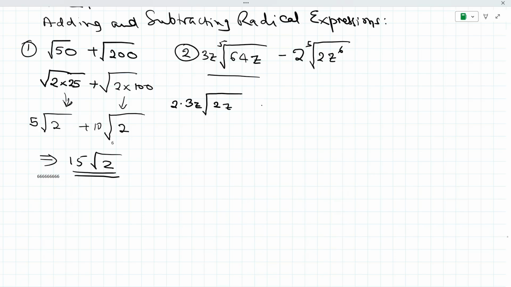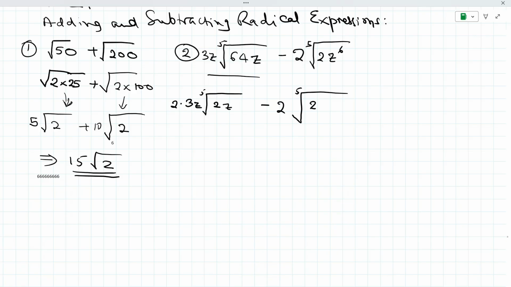And then here again, we come to minus 2, and we try to find out what we have. Sorry, that's the fifth root. Now, we can't find the fifth root of 2 as a whole number. So that 2 remains there.